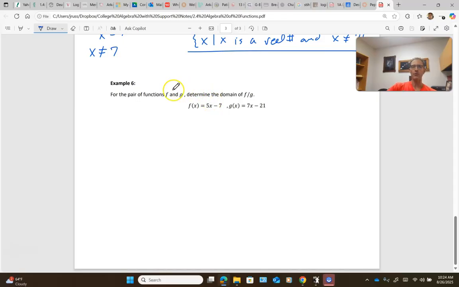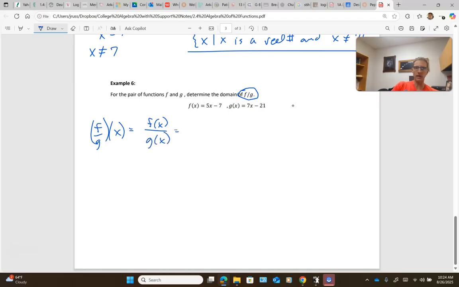However, we're trying to find the domain of the quotient of these two functions. So what I would do, guys, to begin with is just actually construct that quotient real quick. This just would be f of x divided by g of x.